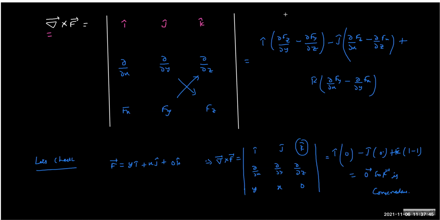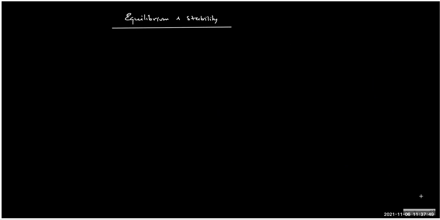So we all know that the word equilibrium means that when the net force and the net torque acting on the body is zero. That's the meaning of equilibrium.